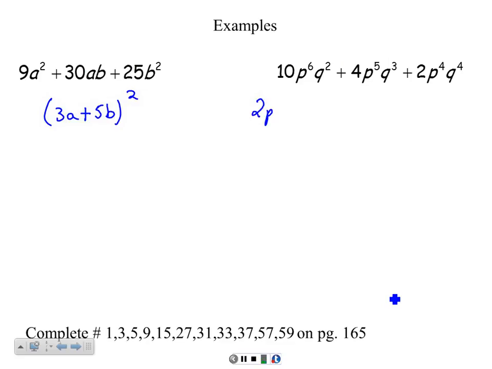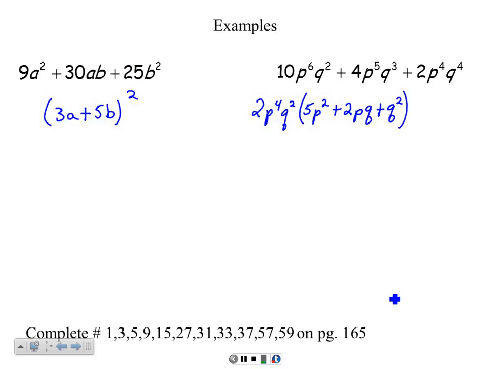And then the problem on the right, there is a 2 in common. There is at least p to the 4th in common and at least a q squared in common. So if I divide each one of these by that common factor, for the first one we'll get 5p squared plus, for the middle one we'll get 2pq, and for the last one we're going to get just a q squared.